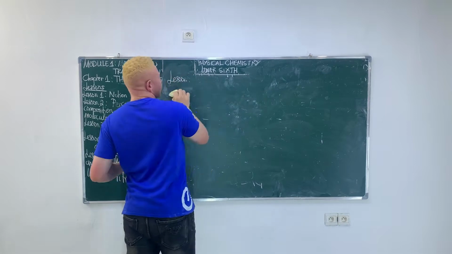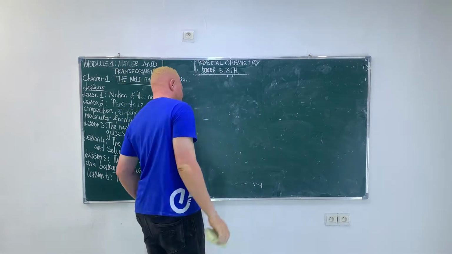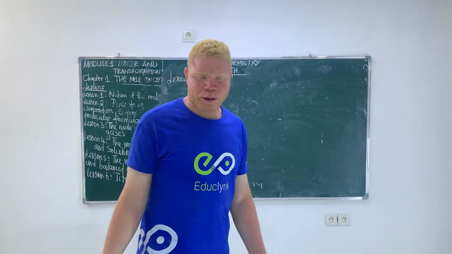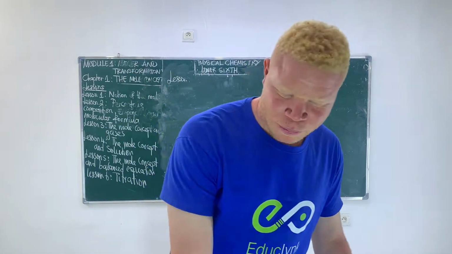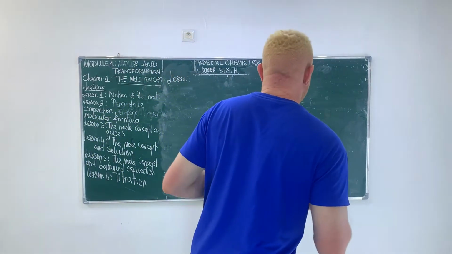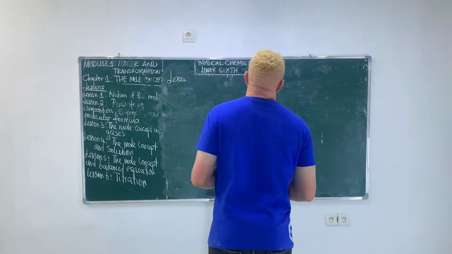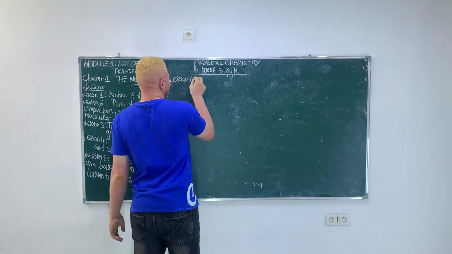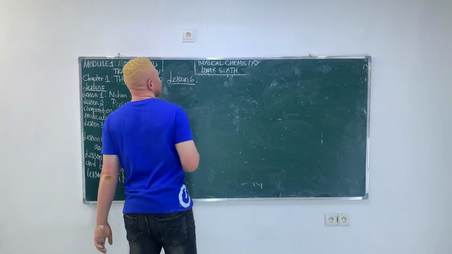If it's a chloride compound, the precipitate is a white precipitate. If it's a bromide compound, the precipitate is a pale yellow precipitate. Then if it's an iodide compound, the precipitate is a yellow precipitate.